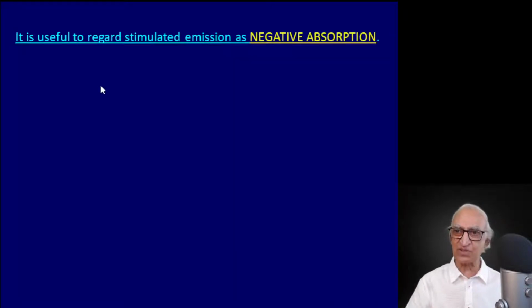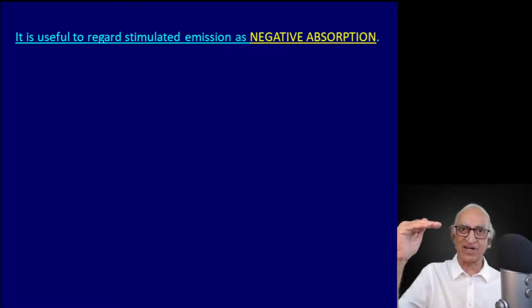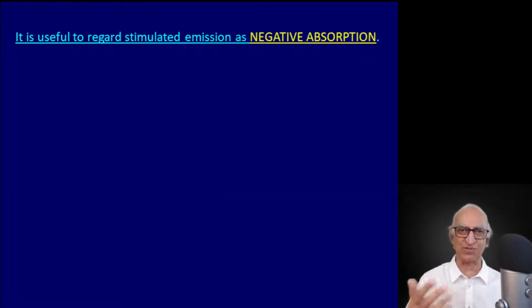It is useful to regard stimulated emission as negative absorption. Absorption is going from lower level to upper level. So instead of saying the stimulated emission is jumping from level 2 to 1, let's call it negative absorption, because it is the reverse of absorption.